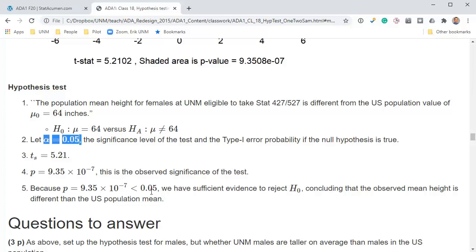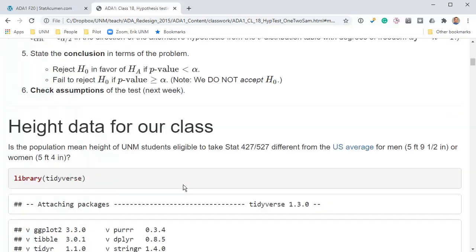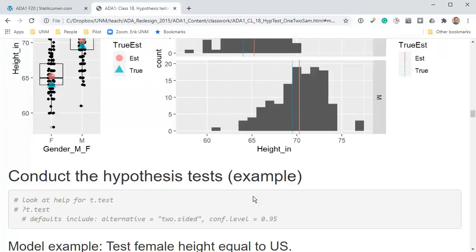It certainly is. And so based on our rule, if I page up for a second. Okay. If the p-value is less than alpha, then we reject the null in favor of the alternative. Okay, so now I'll page back down.